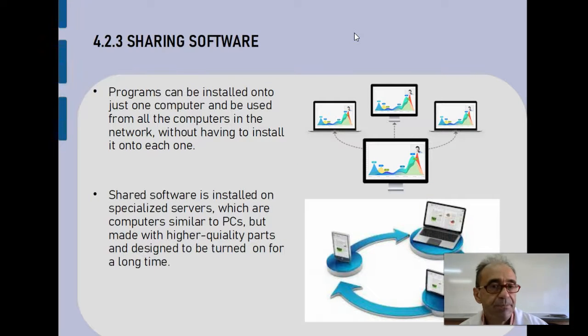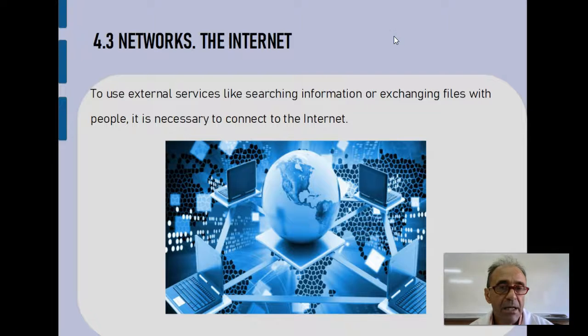Sharing software is another purpose of having a network: programs can be installed in one computer that acts as the server, and the rest of the computers run the software that has only been installed in the server computer.